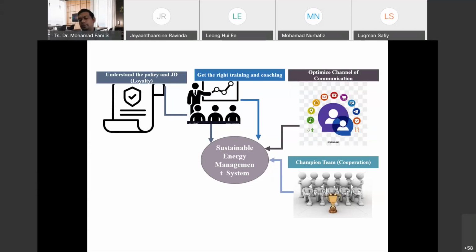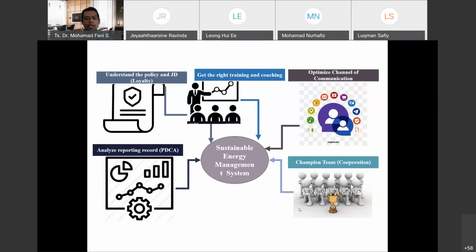Give the effort, give the idea. Okay, this champion team must be developed and synchronized between the office and between the level of the management.